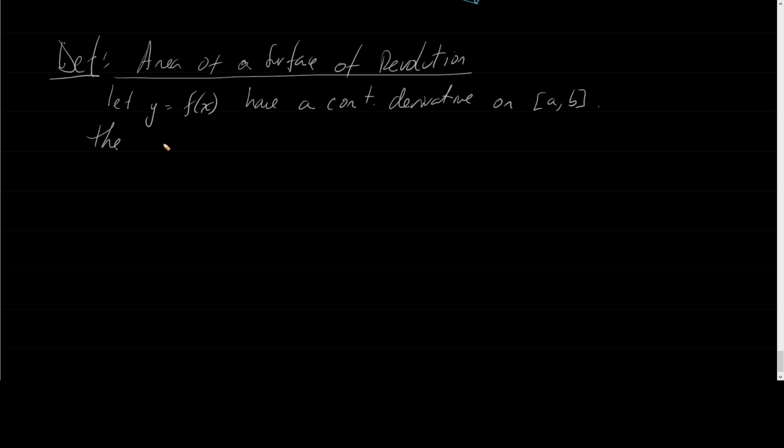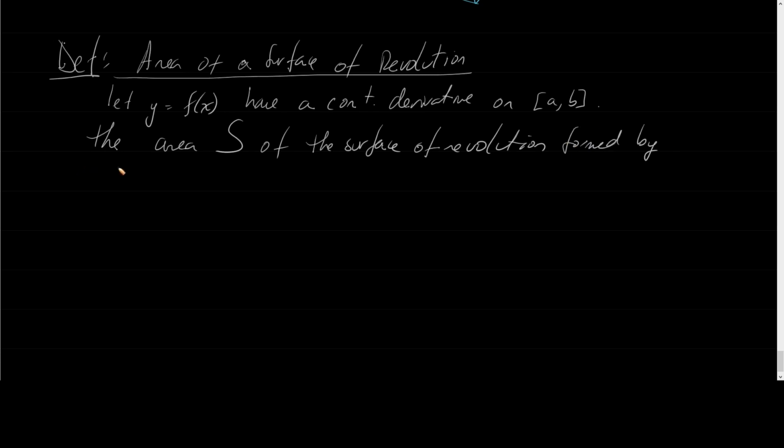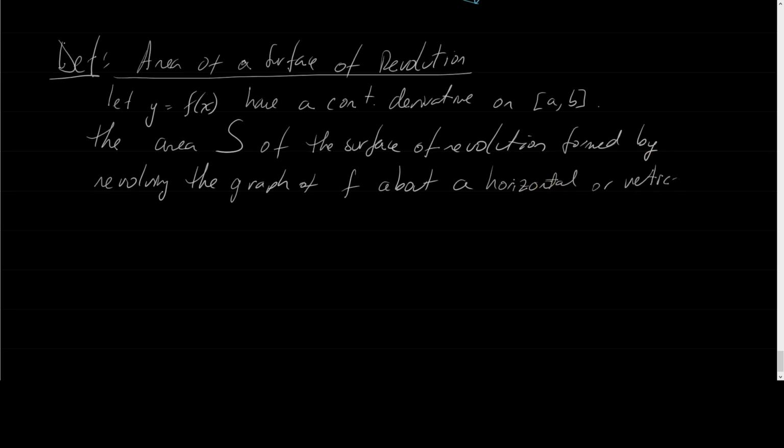The area S, and notice here I'm going to be using a capital S, of the surface of revolution formed by revolving the graph of f about a horizontal or vertical axis is the following.